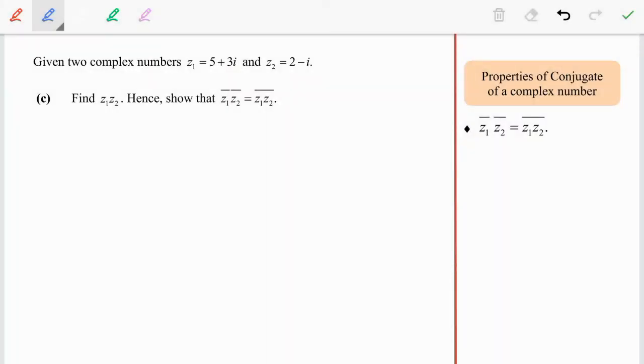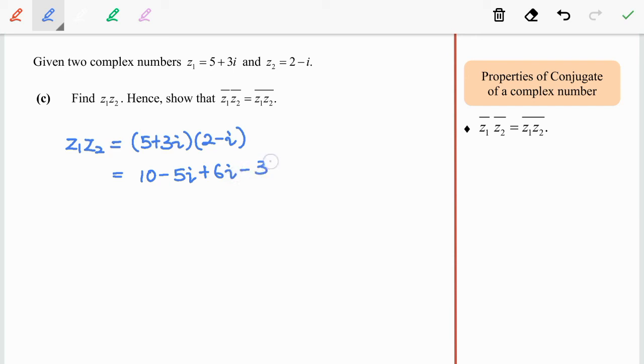Next, we are moving to question C. Find Z1 times Z2. So we have 5 plus 3i times with 2 minus i. So this gives us 10 minus 5i plus 6i minus 3i squared.